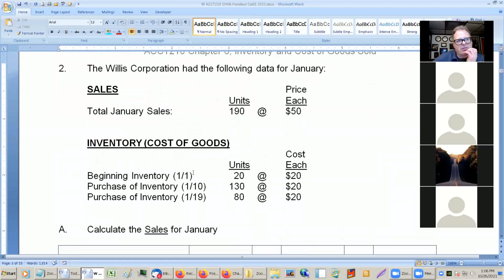I think I'll be quiet for a little bit and see if you can figure out the second one. Same as the first one. This is our sales. These are the units we sold.